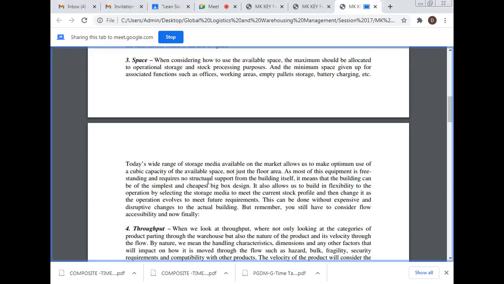It also allows us to build flexibility into the operation by selecting the storage media to meet the current stock profile and then change it as the operation evolves to meet future requirements. This can be done without expensive and disruptive changes to the actual building. Hence, how the space should be utilized is the main criterion of the factors of warehouse design.